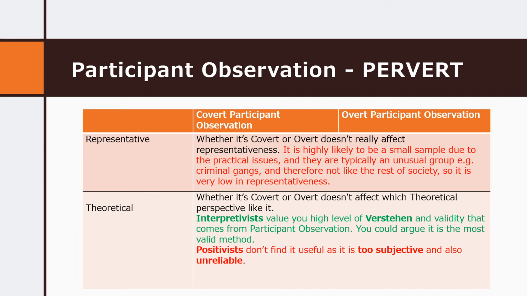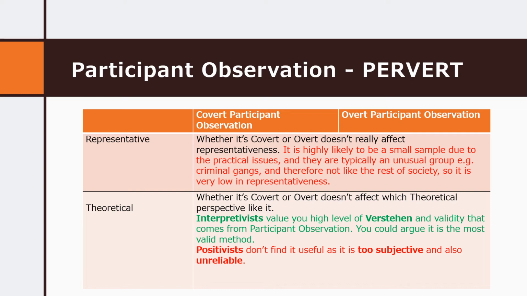All right, finally then we've got representativeness and theoretical issues. Now, covert or overt doesn't really affect representativeness. The fact that it's participant observation means you've got a very small sample. McIntyre, you're talking about 20 guys.